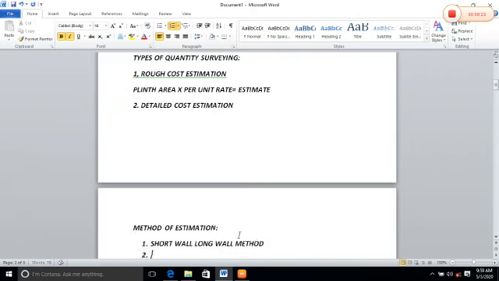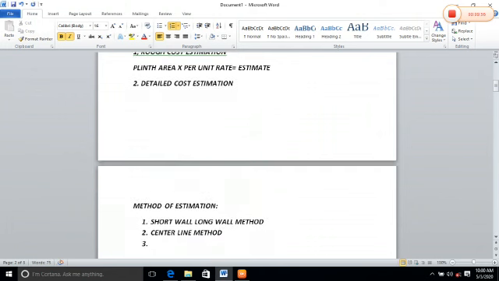Number second, center line method. These are two methods generally used for the estimation work. Okay, we will discuss short wall long wall method and center line method in the next lectures.